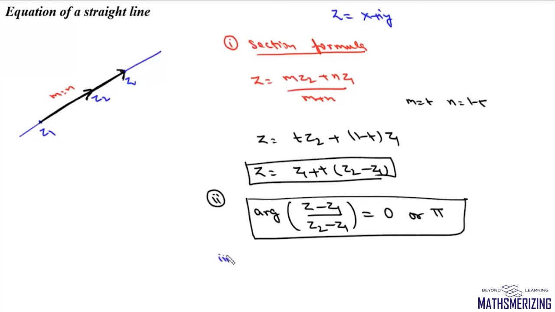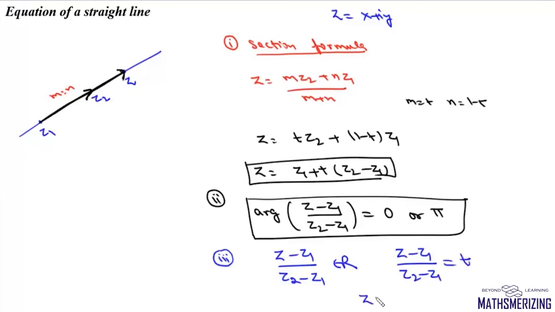Now we know that if the argument of any complex number is 0 or pi, then that complex number is purely real. That means this complex number (z minus z1) upon (z2 minus z1) must be a real number. We can write (z minus z1) upon (z2 minus z1) equal to t.